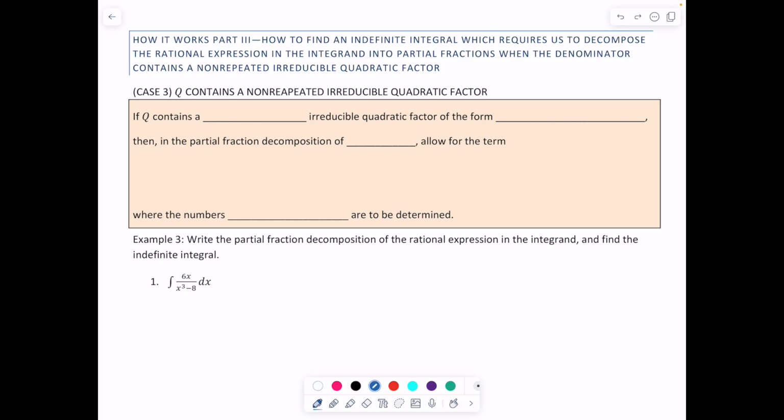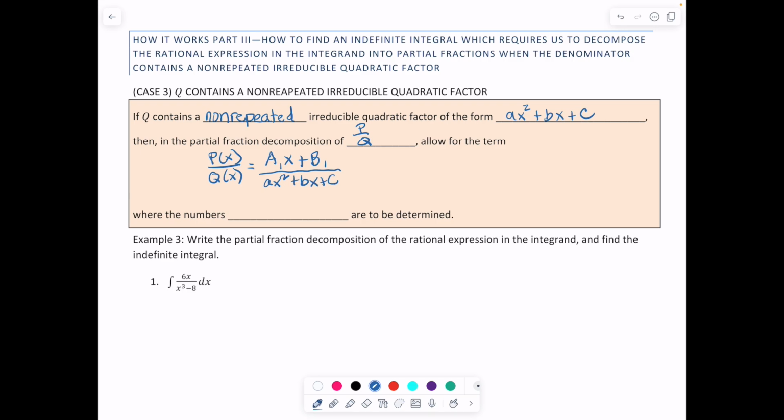If Q contains a non-repeated irreducible quadratic factor of the form ax squared plus bx plus c, then in the partial fraction decomposition of P over Q, allow for the term P(x) over Q(x), or whatever your variable is, to equal a sub 1 x plus b sub 1 over ax squared plus bx plus c.